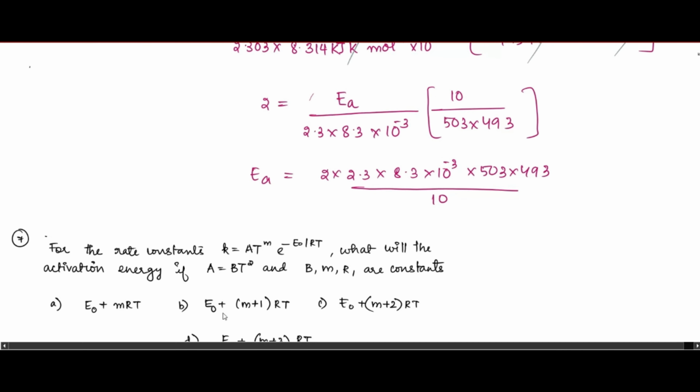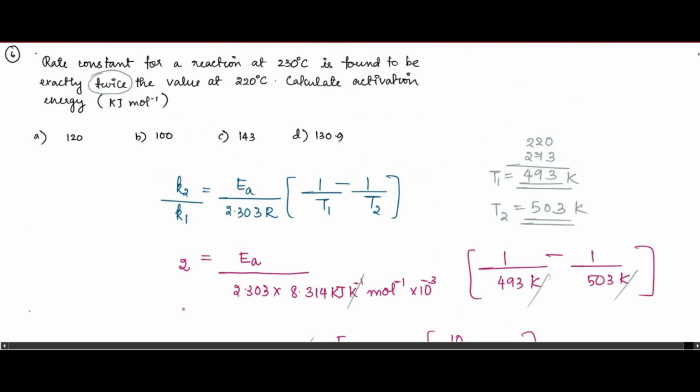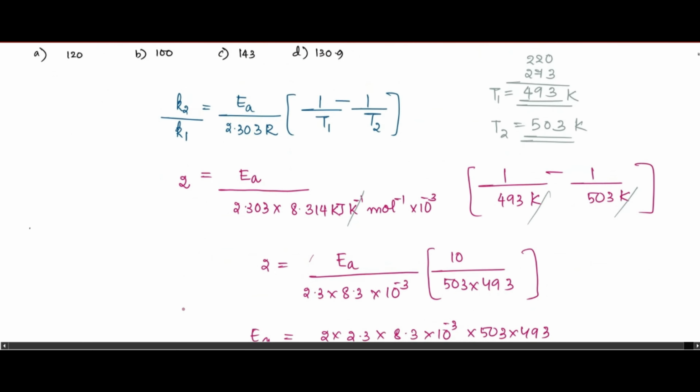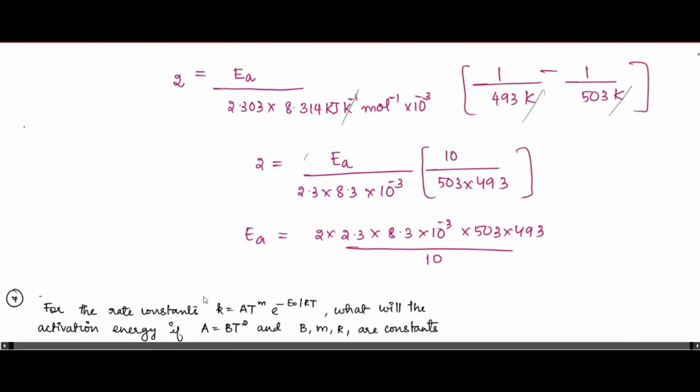When the calculation comes, you become slow. 2 into 2.3 into 8.3 into 503 into 493. I am not getting any of the options. What's the answer that you're getting?